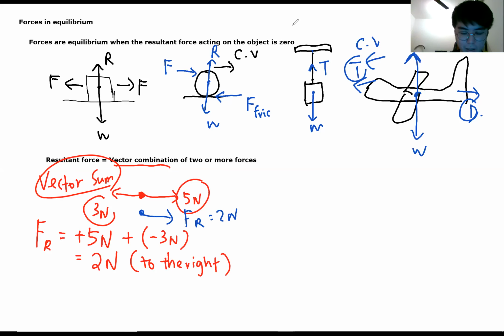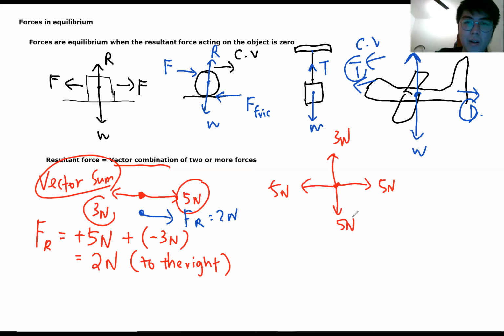Okay, so another one, let's say instead of horizontal, you also have vertical. So 5N here, 5N here, and upward 3N, downward 5N. Now, this one you have two directions, so you need to work out the resultant force for the horizontal and the vertical.